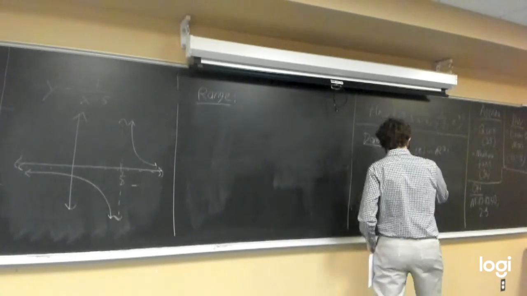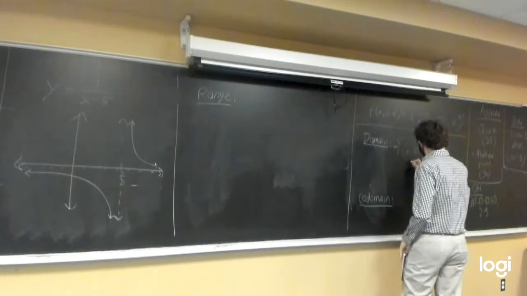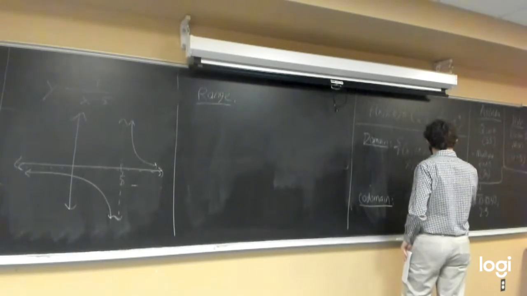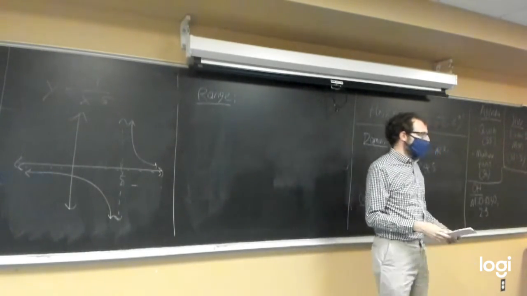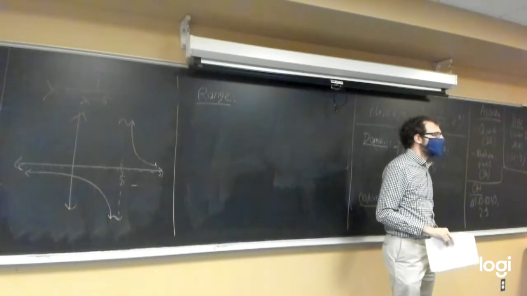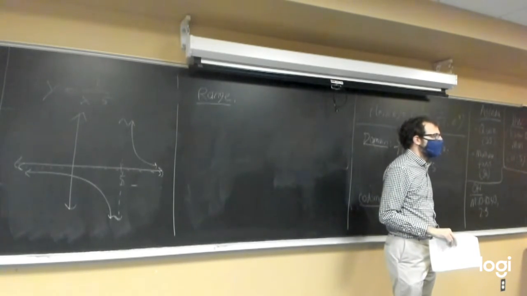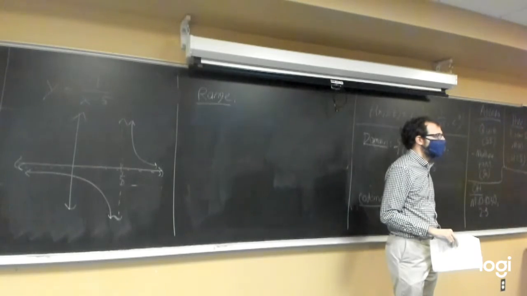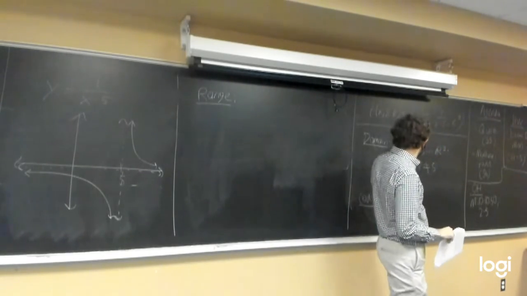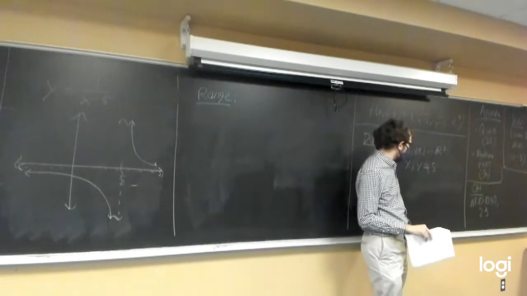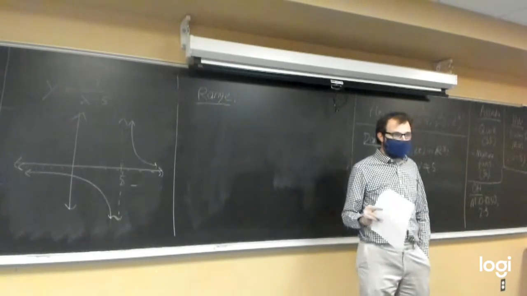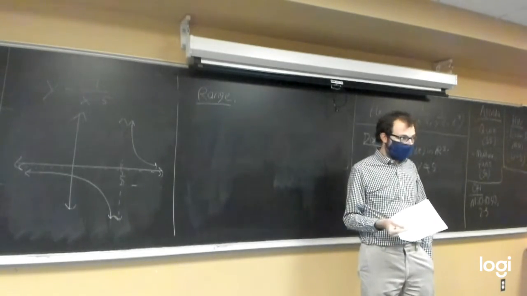X and y not equal to 5? Why don't you want x and y to be 5? Because it would be 1 over 0. Yeah, if we tried to plug in x is 5 or y equals 5, we would divide by 0, and you should never divide by 0.